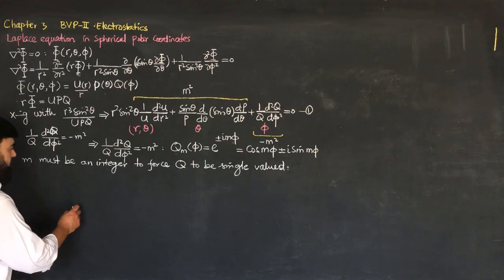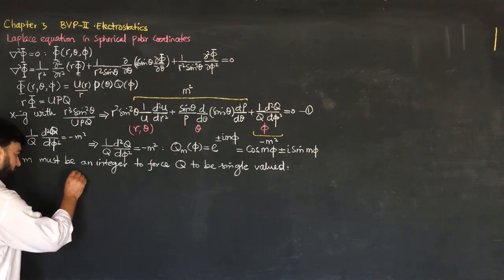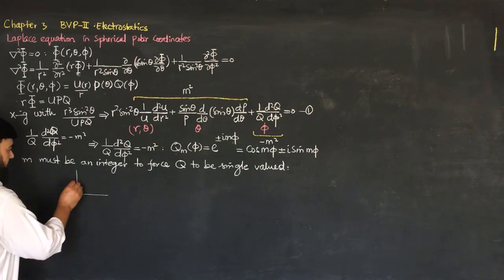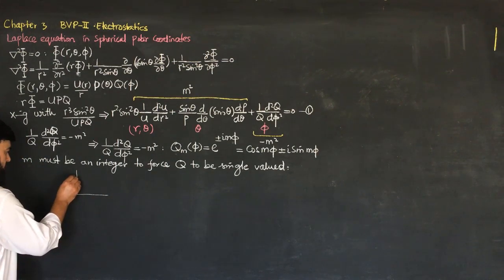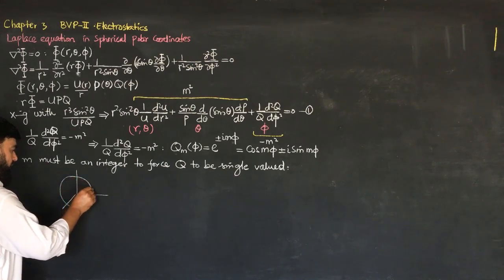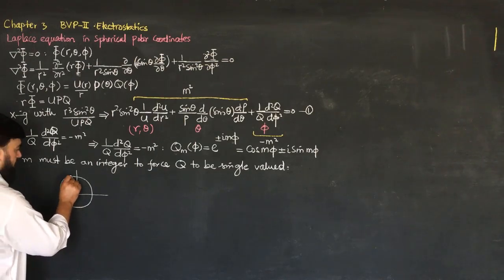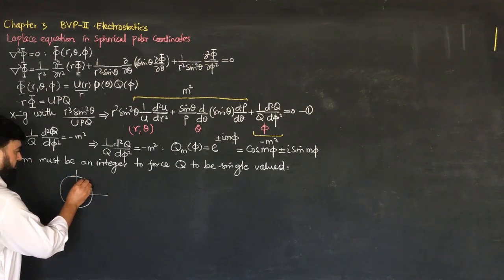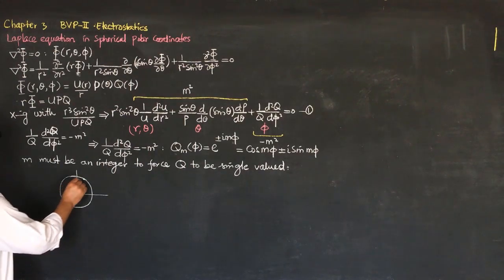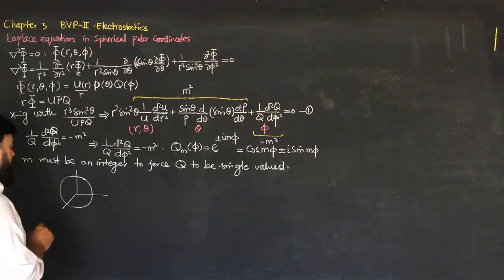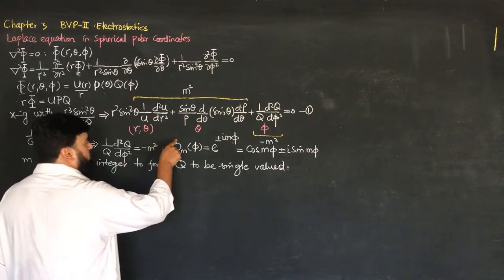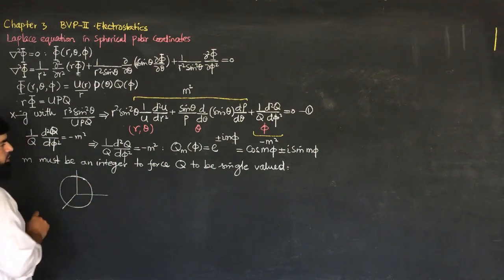Let's say we consider a sphere, and this is the coordinate system, a sphere in the spherical polar coordinates, and on this sphere, for any point that I consider, this point should have a single value of potential, which is q here.